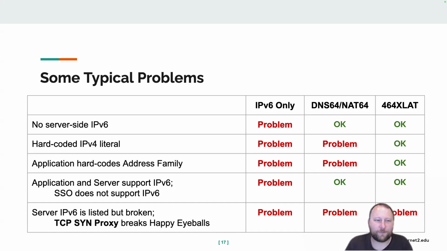And if you have broken IPv6, this will completely break happy eyeballs, because the client operating system will say, I'm trying to get to this website. I see the connection. It's good. And then you try and talk over the connection and nothing will happen. But happy eyeballs doesn't deal with that well because it sees the connection was established and it will refuse to fail back to IPv4.